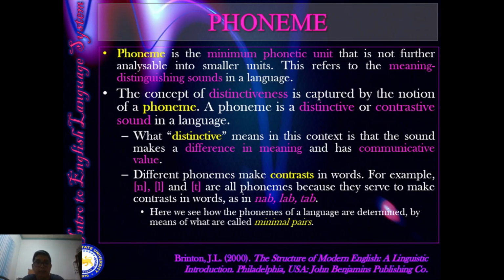Now, let's take a look at this. Different phonemes make contrasts in words. Example, the N, L, and T are all phonemes because they serve to make contrasts in words, as in nab, lab, and tab.